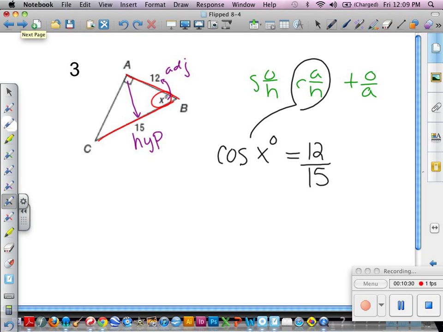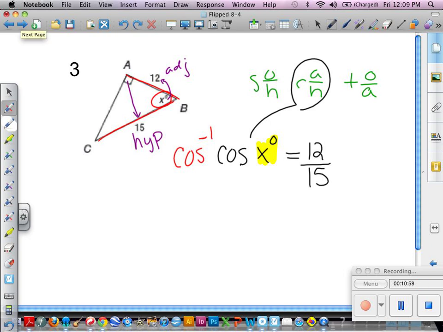Your goal is to get the variable by itself. You're solving, so we really want to have this all by itself. Remember how I'm talking about inverse functions in class? When you see square root, inverse function is square. When you see multiply, you do the inverse function divide. When you see cosine, you do the inverse function of cosine, which is cosine inverse, or cosine negative 1.